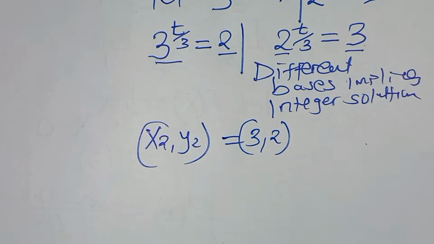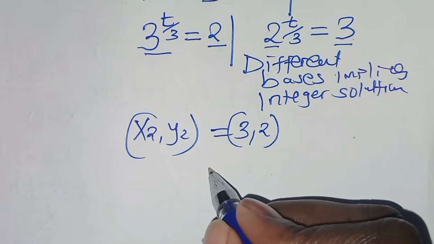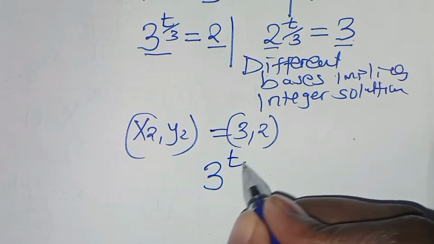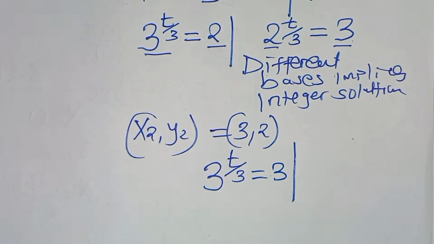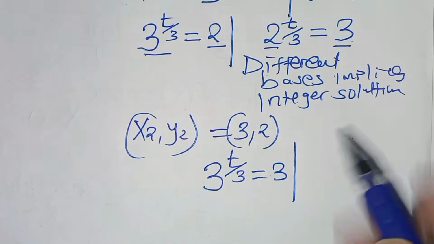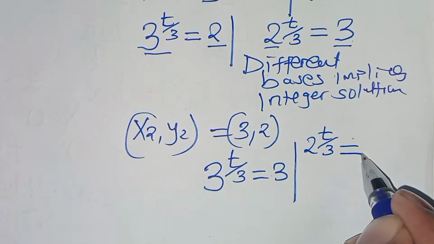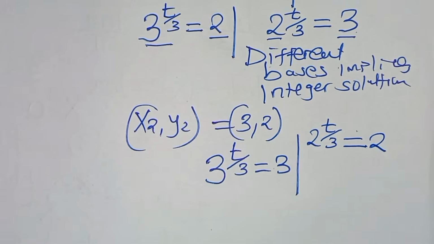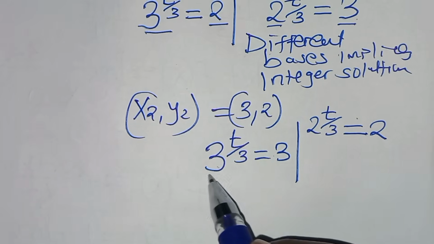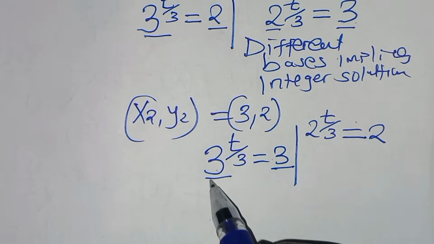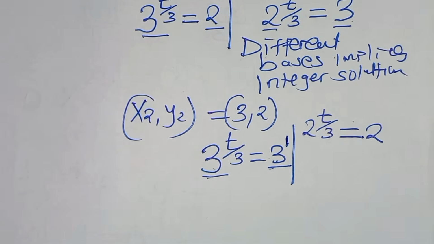So substituting this to solve for t, we have 3 to the power of t over 3 equal to 3. That is the first set. We have that 2 to the power of t over 3 is equal to 2. Now, in the first set of solution here, we have a common base of 3. Remember, this is 3 raised to the power 1.